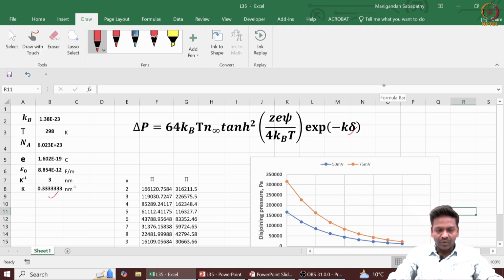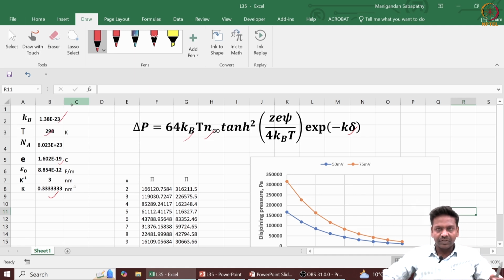Z is the valence, which is 1, the electron charge is also known, and psi is the potential, that is 50 millivolt in the first case. N infinity is the bulk concentration, so you need to multiply the molarity by Avogadro number to get the number of ions per meter cube. Since the problem is given in moles per meter cube, we do not need to multiply with 1000. kB value is known and temperature value is known.